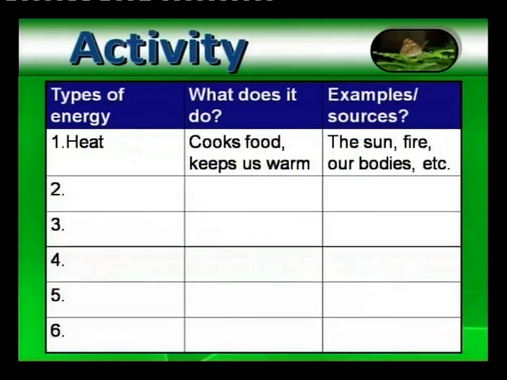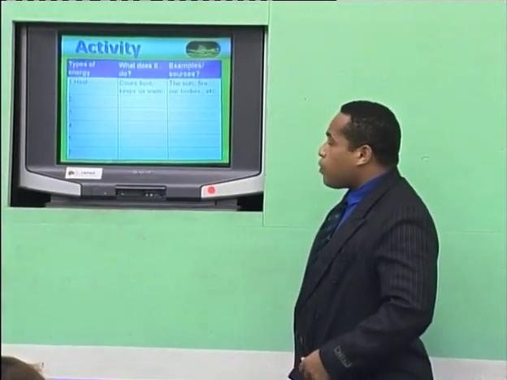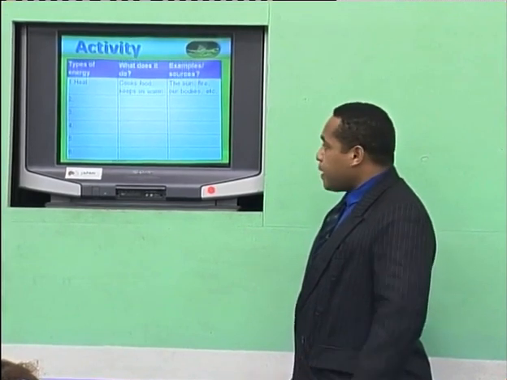Okay, so receiving students and 6C, by now you should complete the table into your exercise books. Okay, let's look at the example. On the screen you have one example provided in the table given.